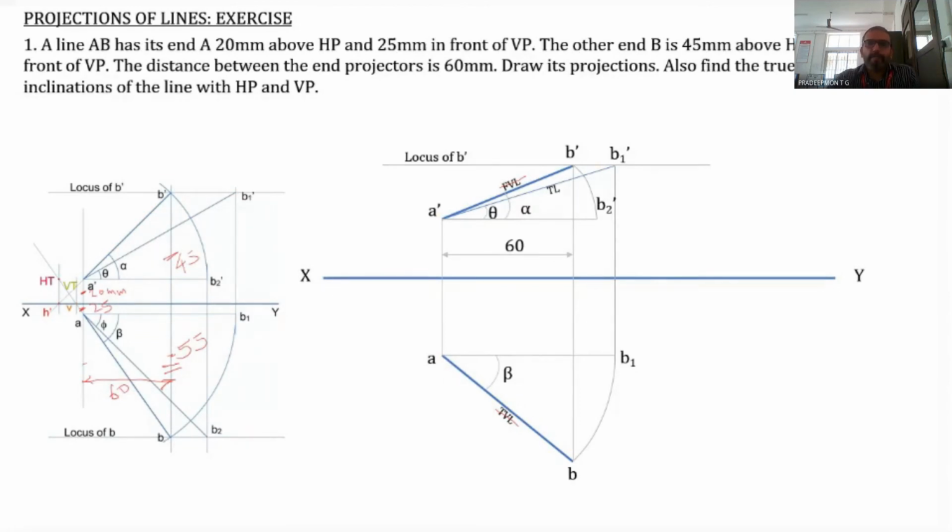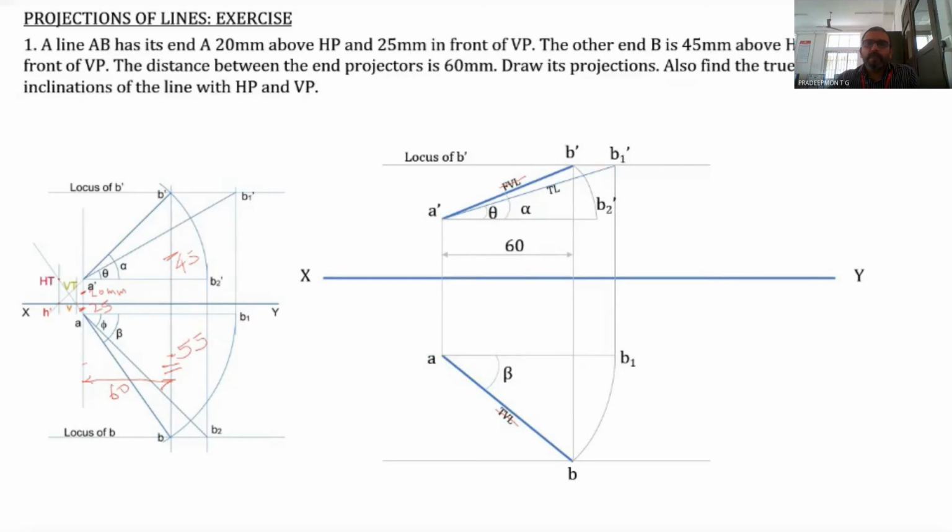Now we draw the locus of B. Locus of B is a horizontal line which is parallel to the XY line and passing through the point B. So B dash and B are obtained.